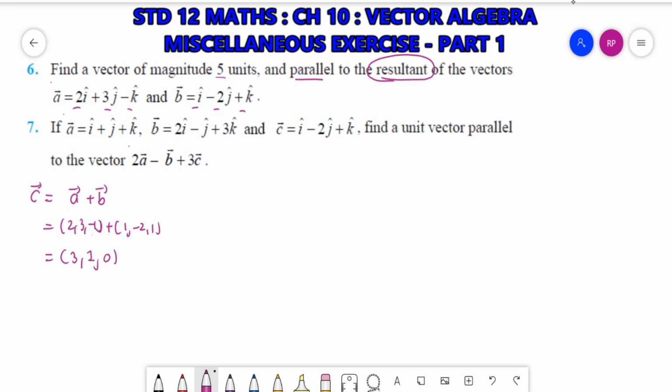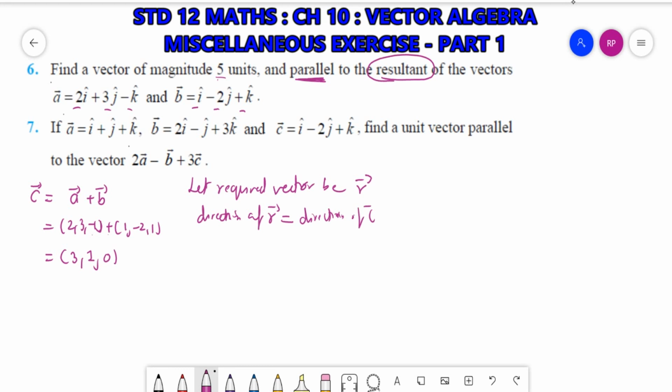Okay, so this is the resultant vector. Now we have to find out a vector of 5 units parallel to this. So the vector parallel to C will be the direction. Let the required vector be R.